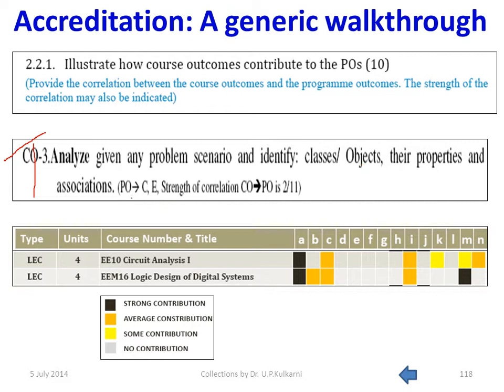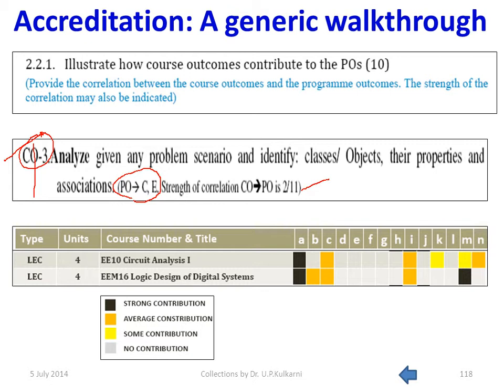Here I'm giving a mapping: this particular course outcome contributes to program outcomes C and E. Assume I have defined 11 program outcomes. Initially I called it a strength of correlation of 2 out of 11. It means this course outcome contributes to 2 of the 11, or 12 or 13, whatever total program outcomes are defined. 2 by 11 is the strength of correlation.